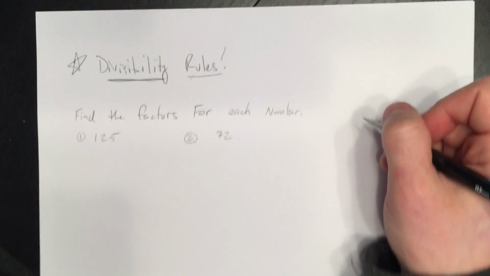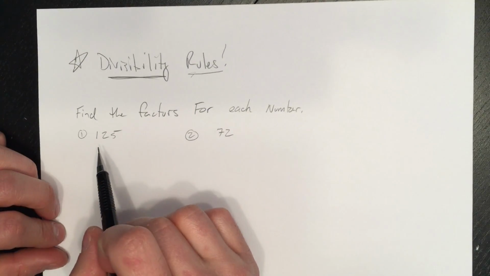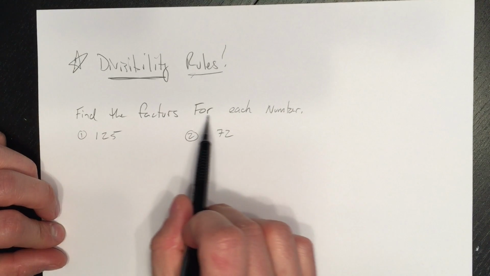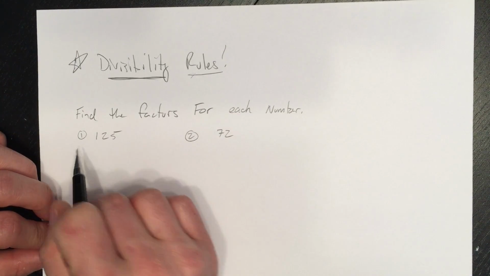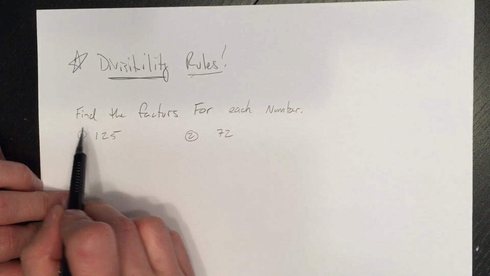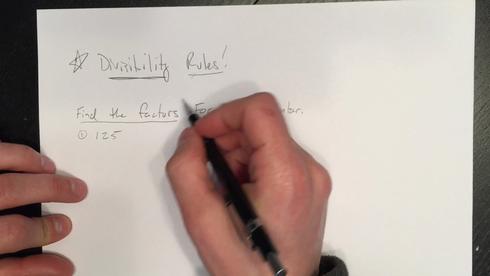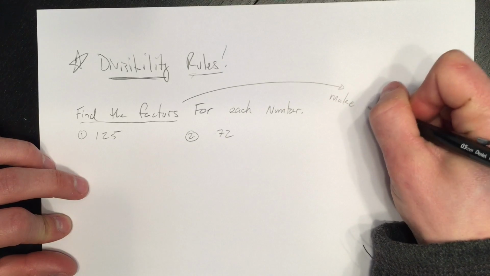Okay, so it says find the factors for each number, 125 and 72. All right, so what we're going to do is we're going to make a factor tree. When it says find the factors, this means make a factor tree.